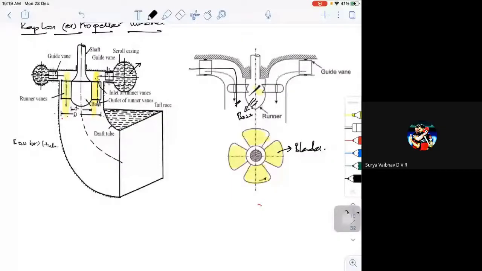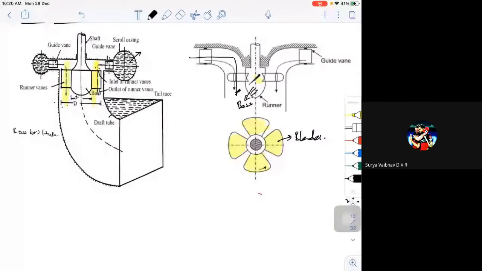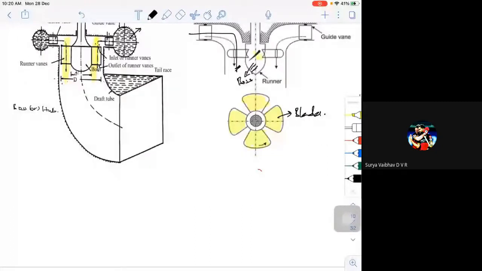Now, as I told, let me write that: the flow is similar to flow in between concentric cylinders.